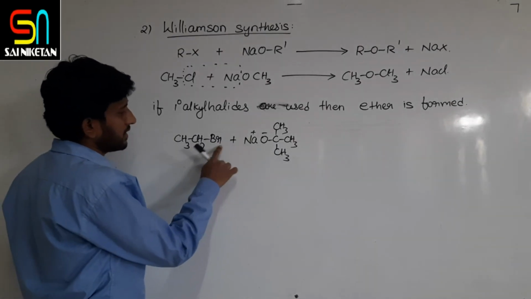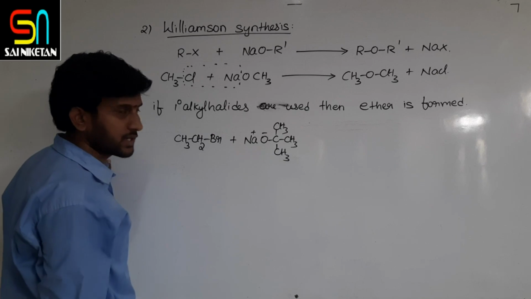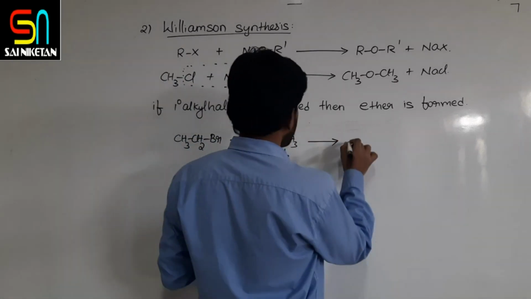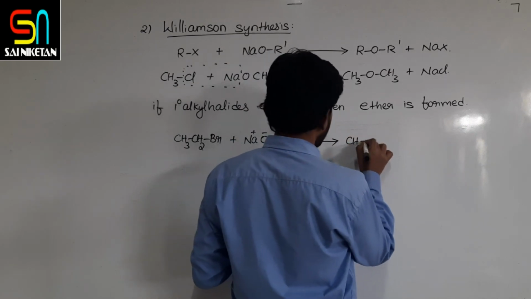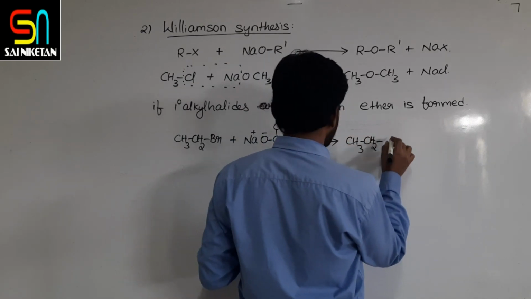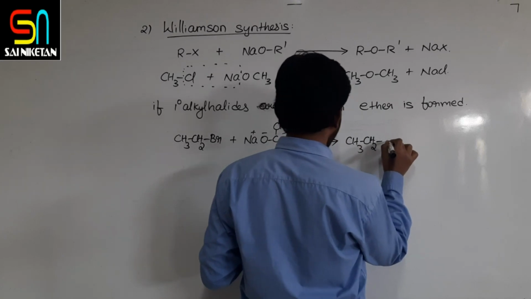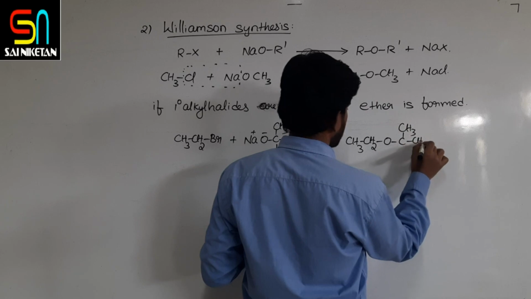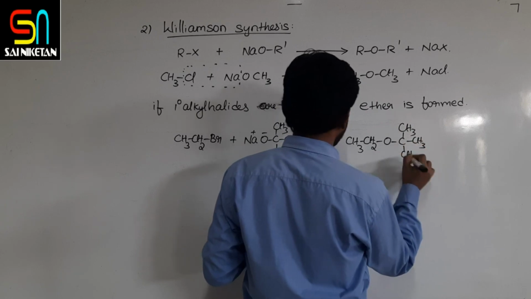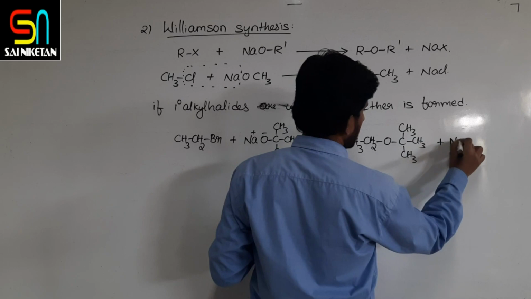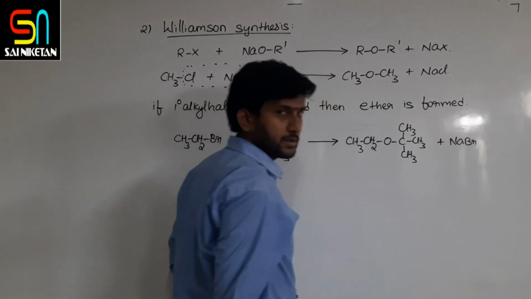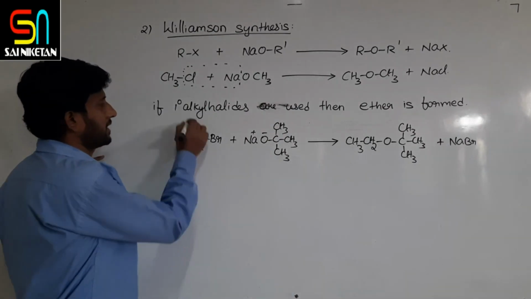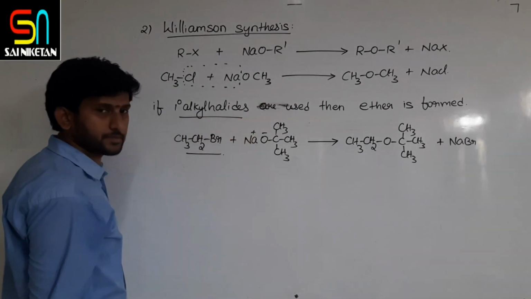The bromine and Na are eliminated as usual. Then here you will get CH3CH2OC(CH3)3 plus NaBr. This is the reaction that happens if you take a primary alkyl halide.